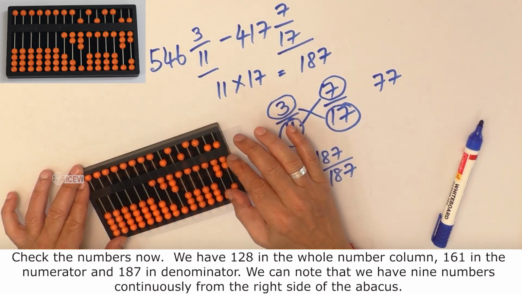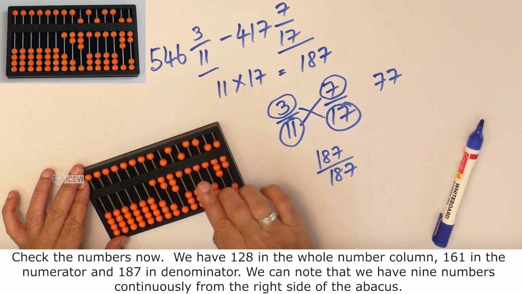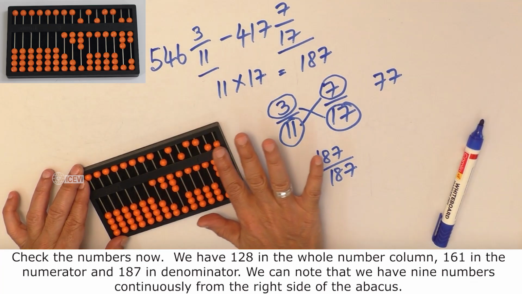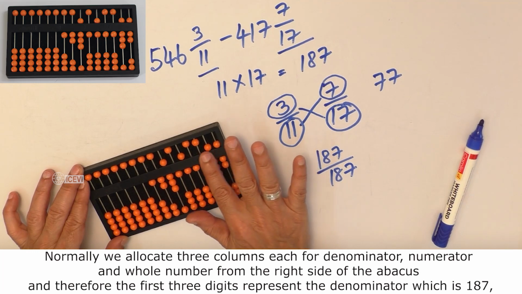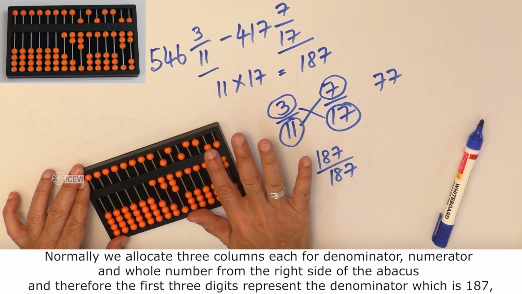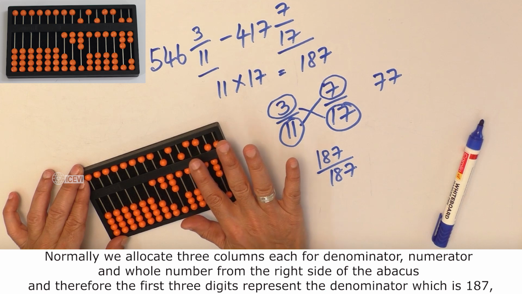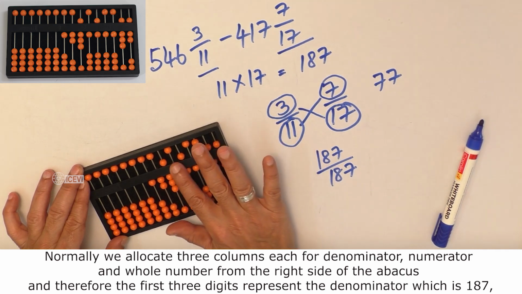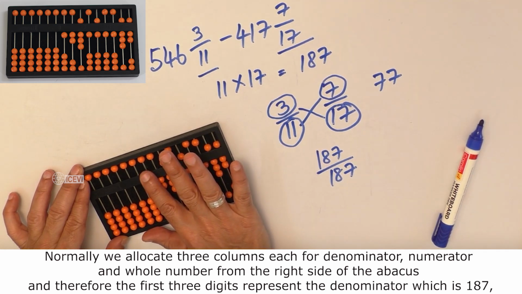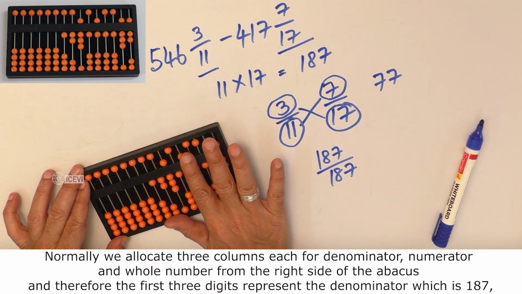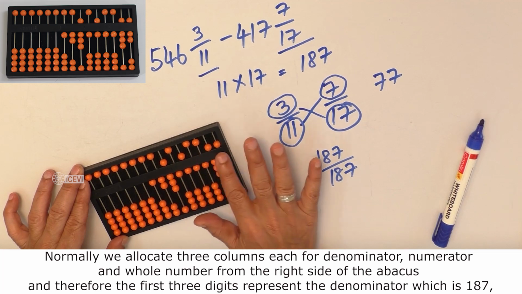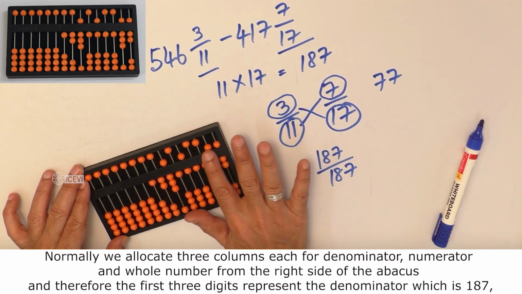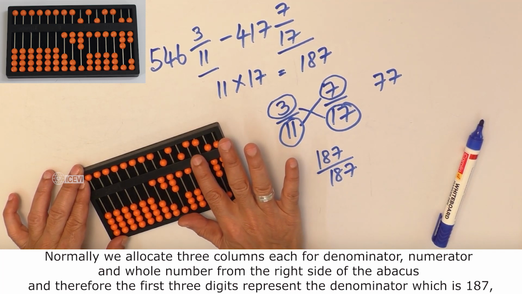We can note that we have 9 numbers continuously from the right side of the abacus. Normally, we allocate 3 columns for each of the denominator, numerator, and the whole number parts from the right side of the abacus, and therefore the first 3 digits represent the denominator, which is 187.